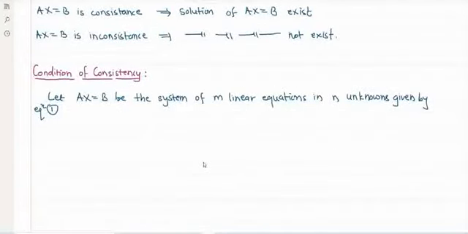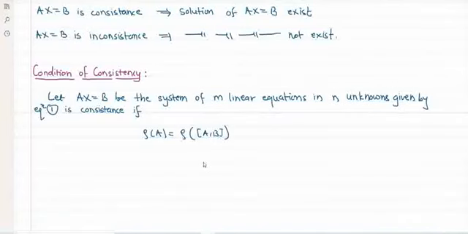It is consistent, meaning a solution exists, if the rank of matrix A, you know how to find the rank of matrix A by using echelon form, and the rank of the augmented matrix AB are equal. If these two ranks are equal, we can say the given system of equations is consistent.